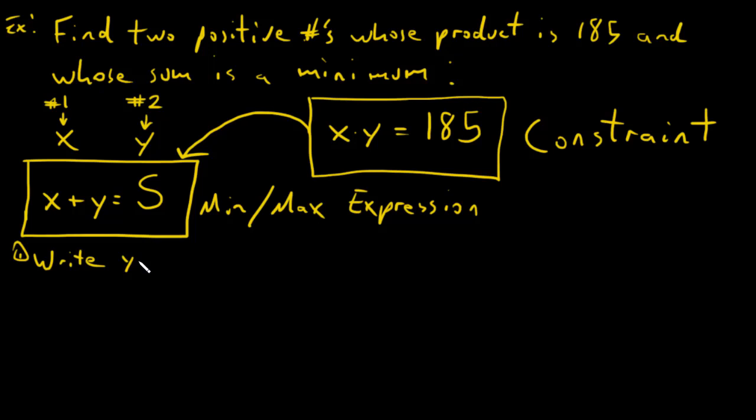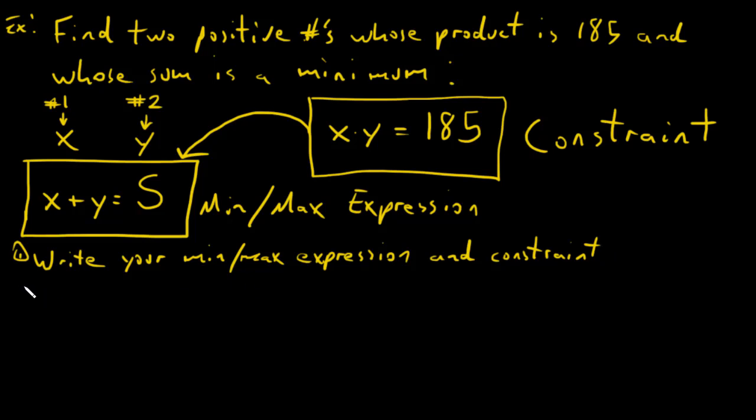So if you had to do steps: 1, write your min-max expression and your constraint. Okay. 2 is going to be solve for one variable.